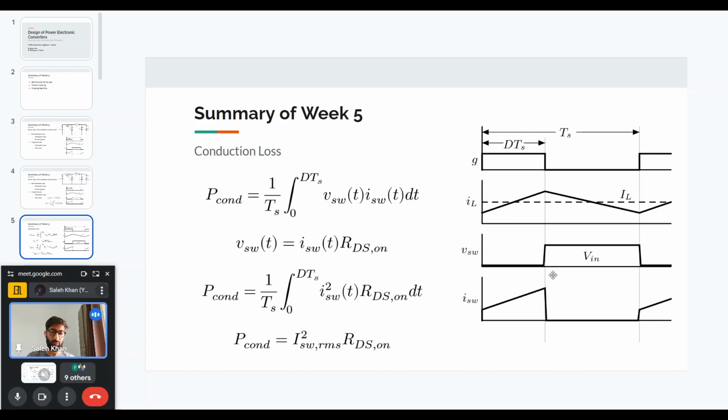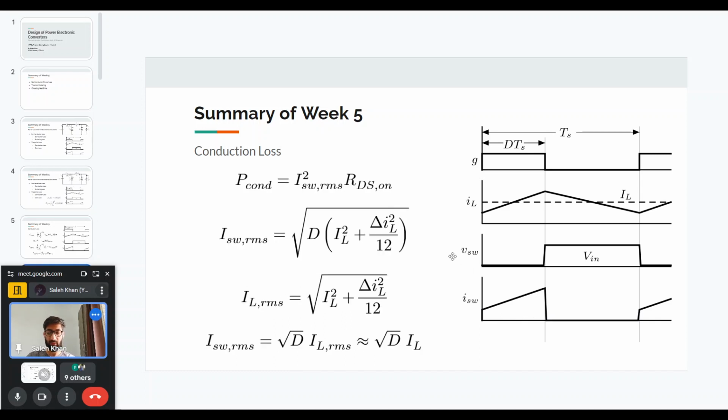And if you now try to derive the RMS of this current, you will see that it is actually equal to this expression here, which is the square root of the duty times the inductor current average square plus the ripple in the inductor current square divided by 12.